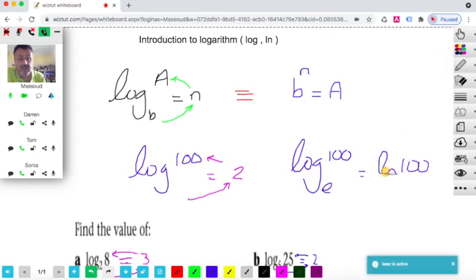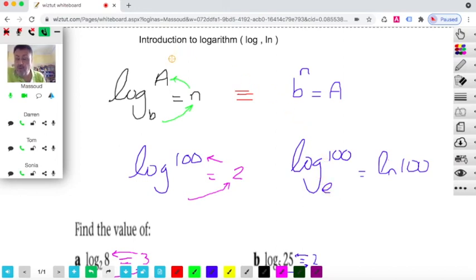And if you see a ln, it means that the base is the natural number e. You've seen the natural number on your calculator. We'll talk about the natural number some more later on. But if you see a ln, then the base is that specific natural number, which is 2.7 something.